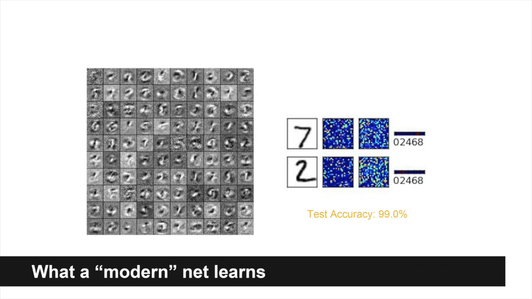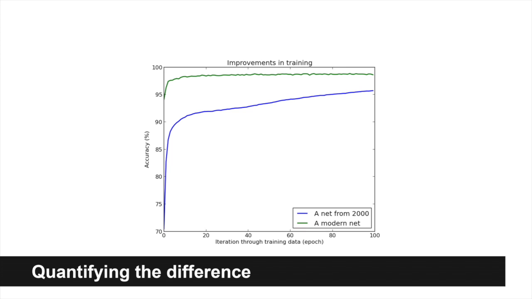But as a quick aside, here's how you can see the difference between a net from 2000 using just straight SGD with sigmoid hidden units and set learning rate versus one of these modern rectifier nets. And you can see that within the first, I think it's the first 3 iterations to the training data, it's better than the standard net from 2000 at the end of 100 iterations to your training data.